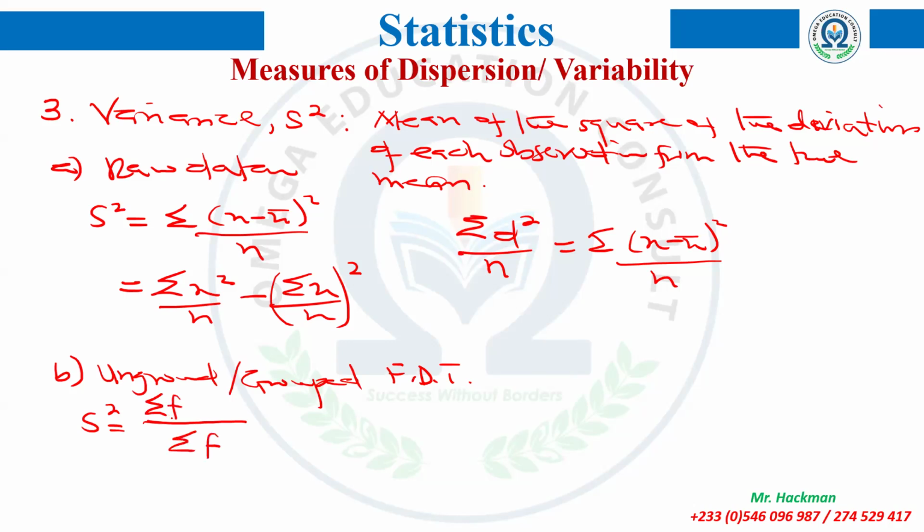The numerator will be sigma. After sigma, what comes? F, is that not it? Then you write the quantity in the raw one, (x minus x bar) all squared.